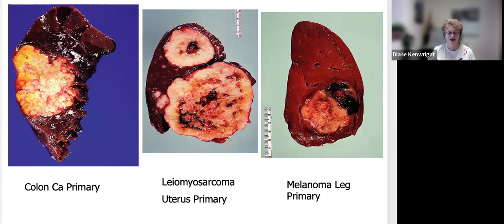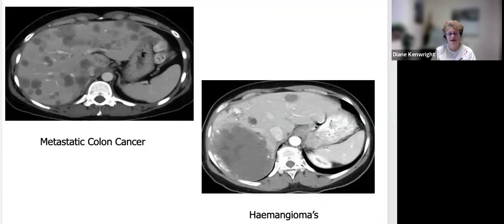Someone's had a history of colonic carcinoma and then develops a liver mass and they don't have cirrhosis or hepatitis. This would strongly suggest that this is a metastasis. If a person has numerous nodules, then this is more likely to be a metastasis. Here, someone's had a history of melanoma and a normal liver, so this is likely to be a metastasis.